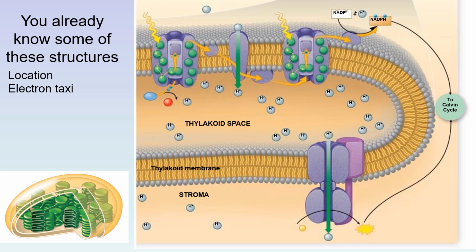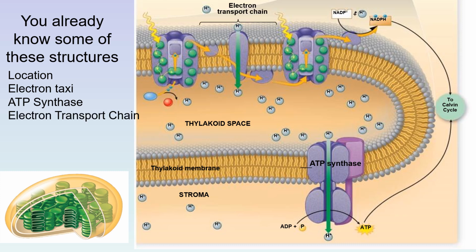It's fine. At the bottom, we have ATP synthase. It doesn't work any differently than it did in the mitochondria. It's the same thing. It's going to allow the protons to diffuse, turn the rotor, and then make ATP. We have an electron transport chain in there. Did you see it? Note that it is moving protons from the stroma into that thylakoid space.